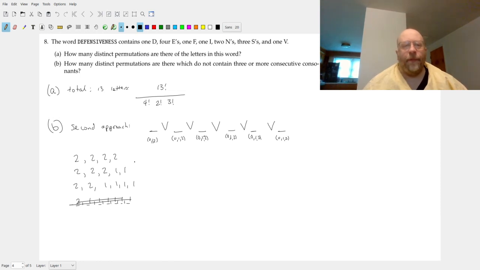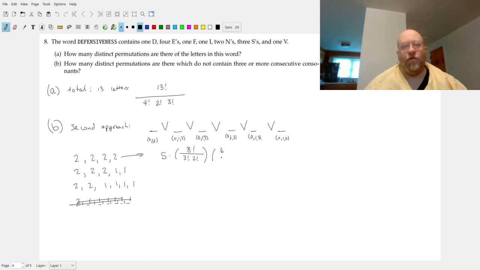So let's look at this again here. We're going to arrange the 5 vowels. We're going to arrange the 8 consonants. And then we're going to choose 4 of these 6 slots for these pairs of vowels to go.